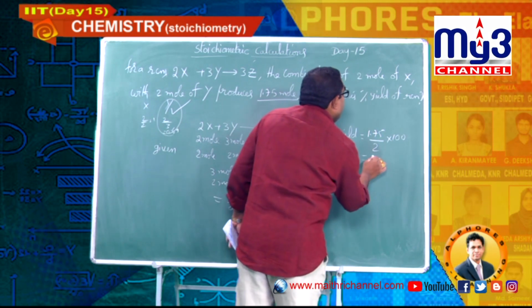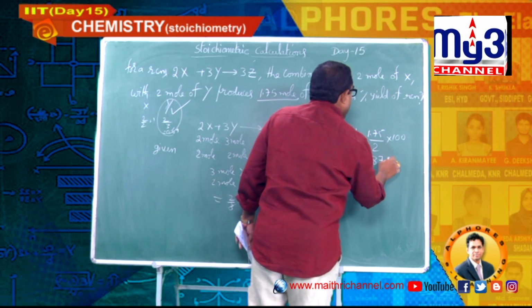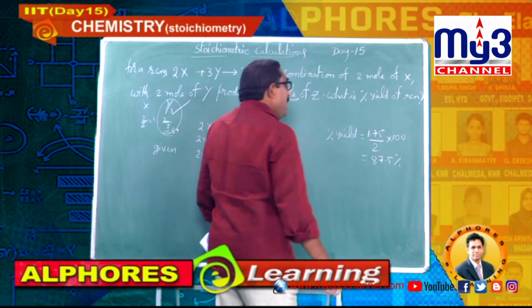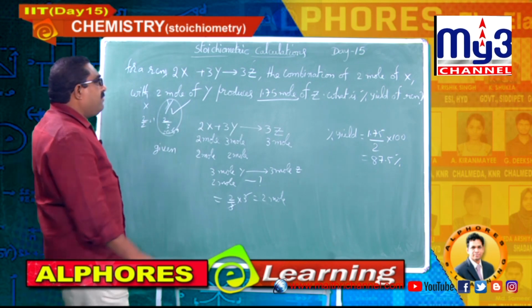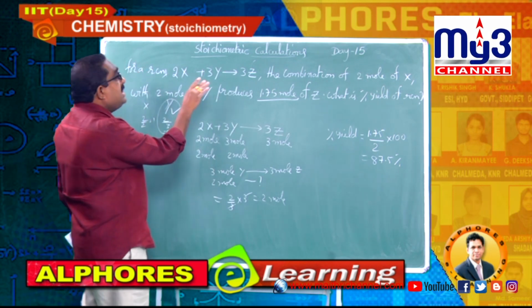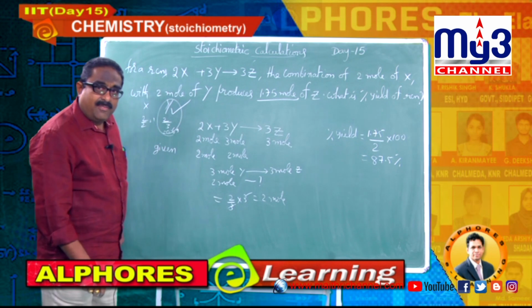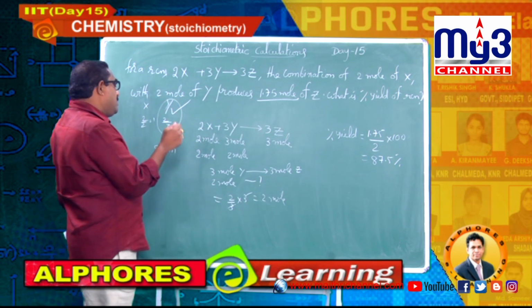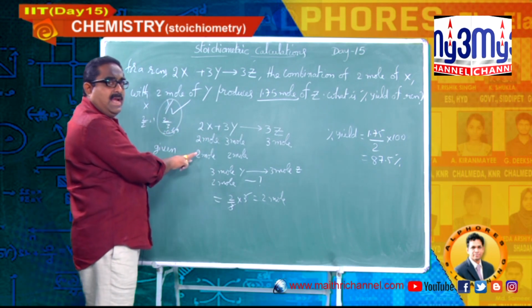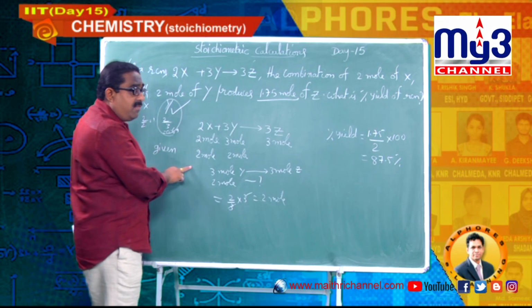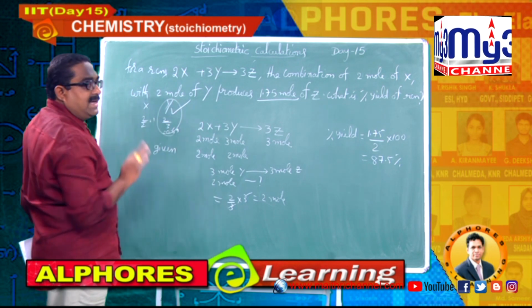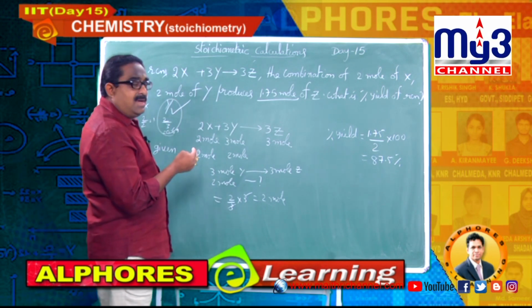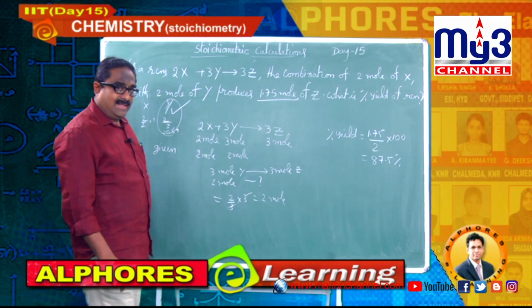That is 87.5%. So that is the percentage yield of this particular process given in the form of this data. Here he has included two concepts, limiting reagent concept for the estimation of theoretically calculated product, and percentage yield. Please note it down, then I will go for next question.